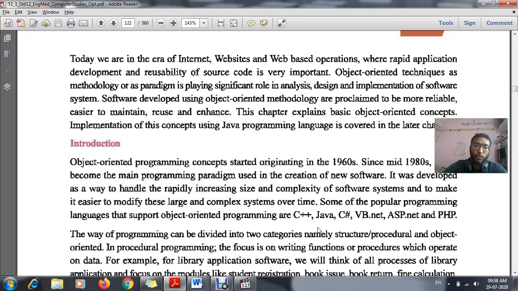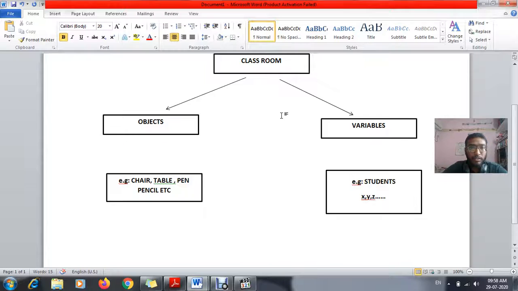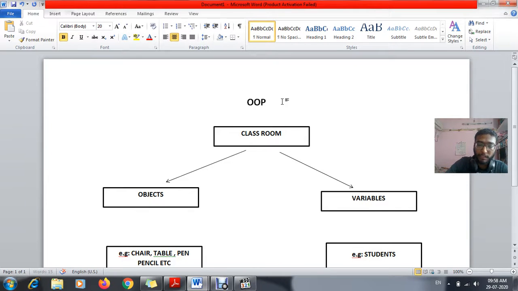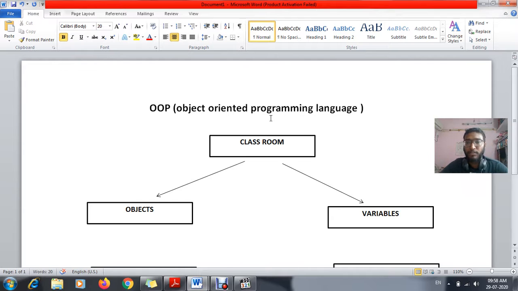The full form of OOP is object oriented programming language. Underline it. The full form of OOP, this you have to write in your notebook, okay? Object oriented programming language.